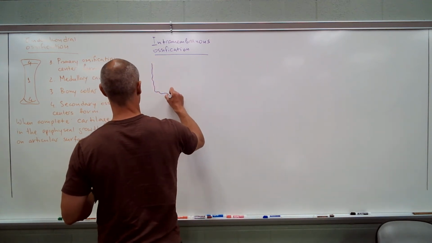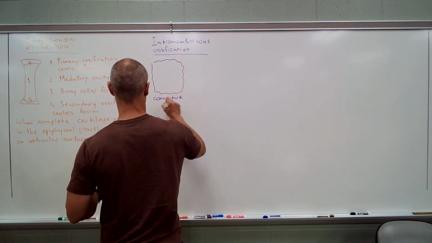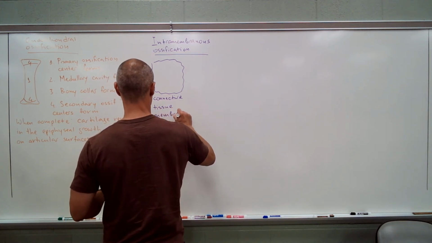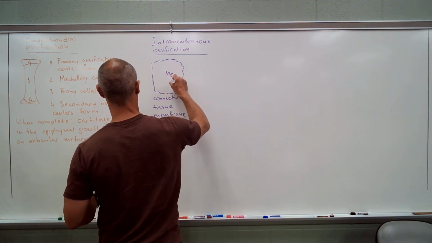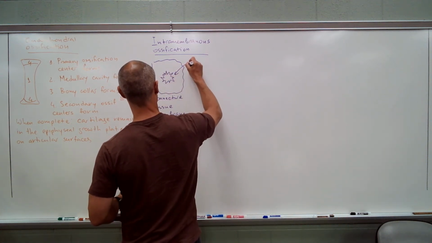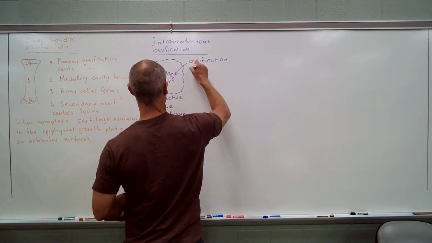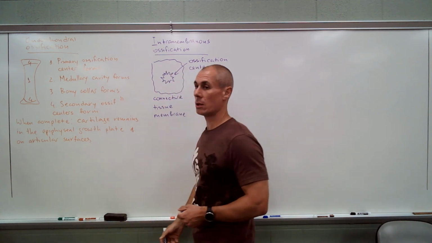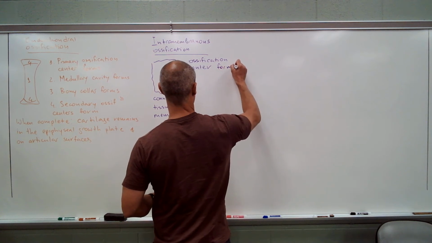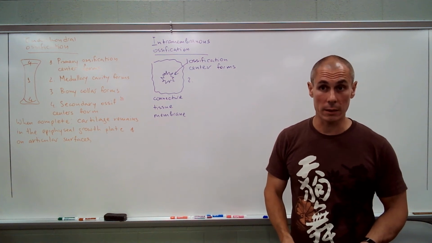So you've got the membrane formed out of connective tissue, and you've got the ossification center, which forms. It's usually more than one ossification center. So the ossification center forms, okay?